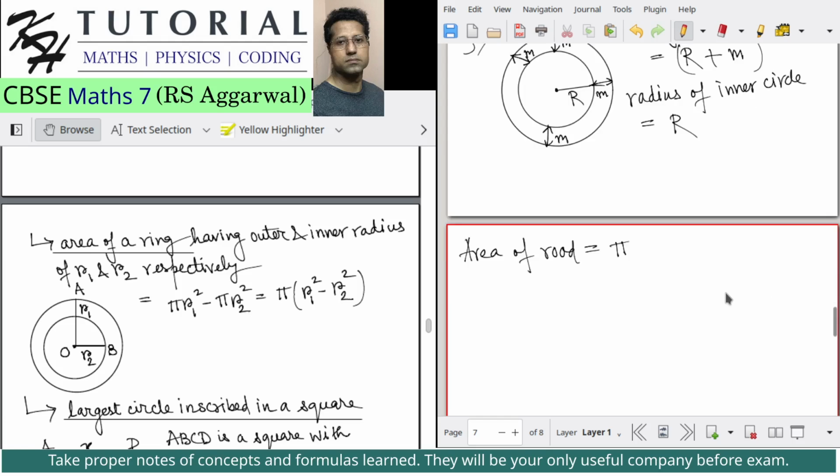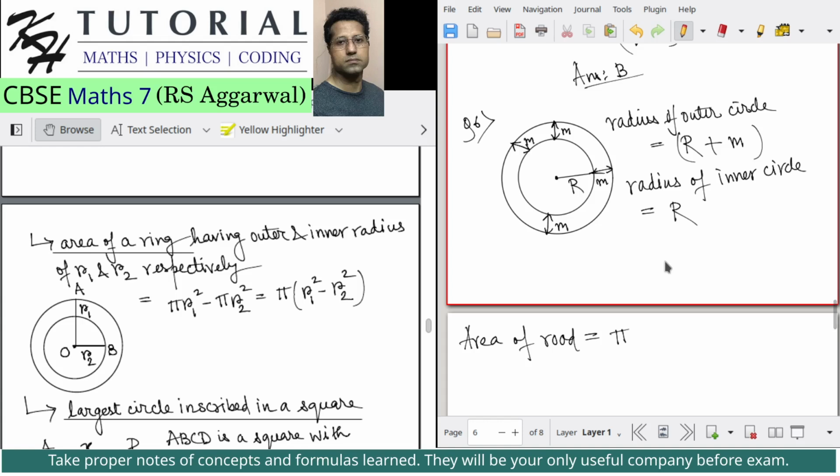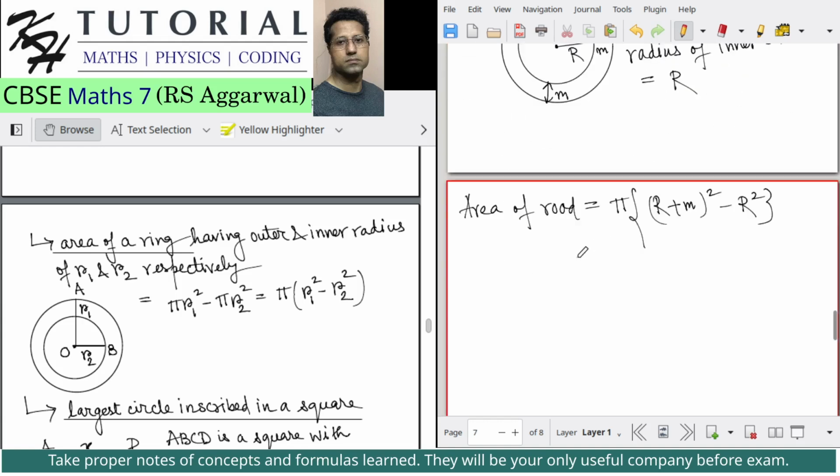So area of the road will obviously be pi into (capital R plus small m) square minus R square. So this is equal to pi. If you expand (R plus m) whole square using the algebraic identity (a plus b) whole square as a square plus twice ab plus b square, this becomes R square plus m square plus twice R m, and we have minus R square.